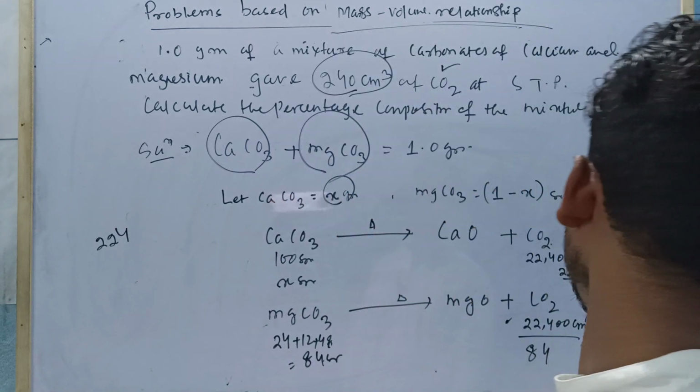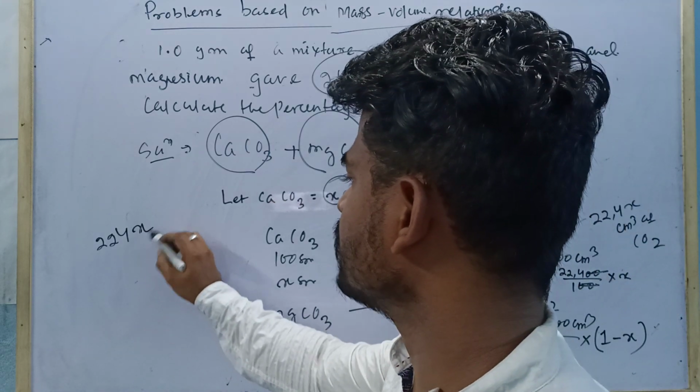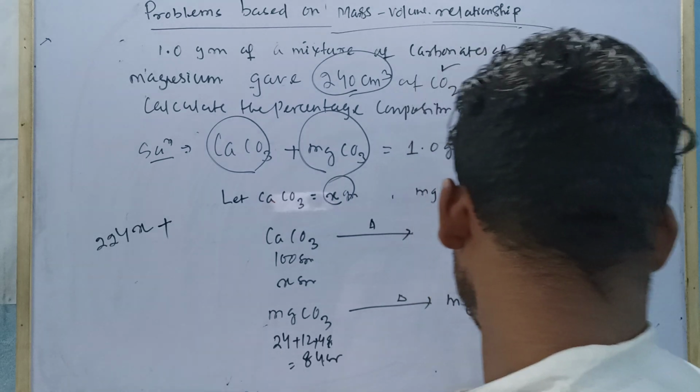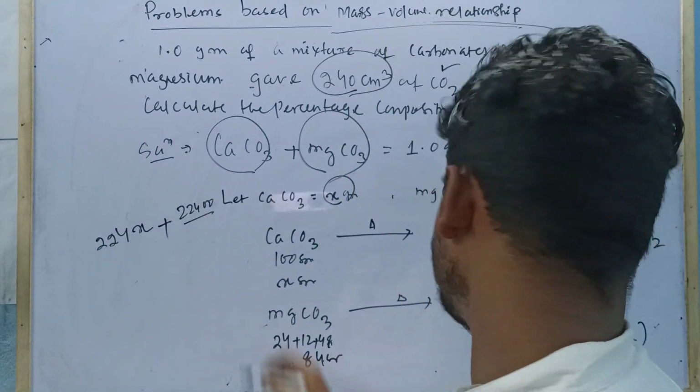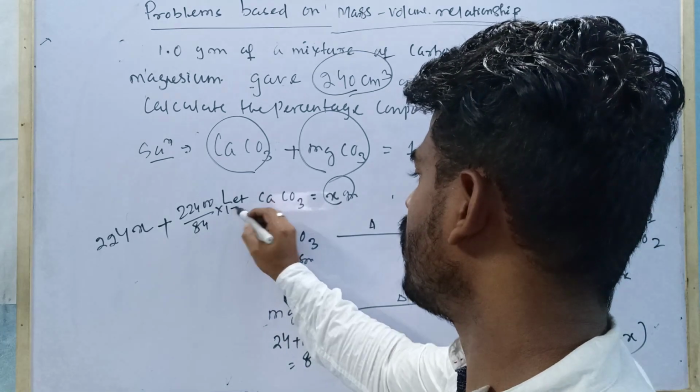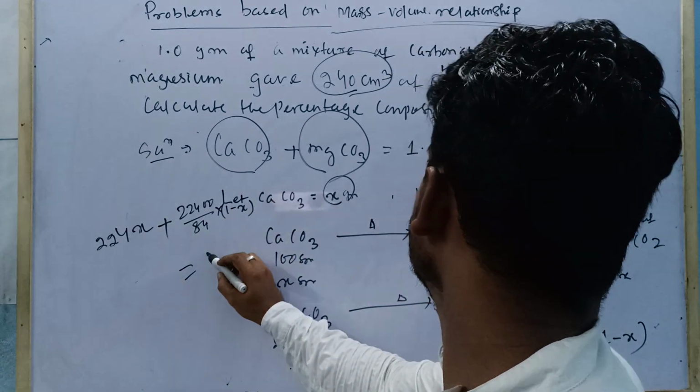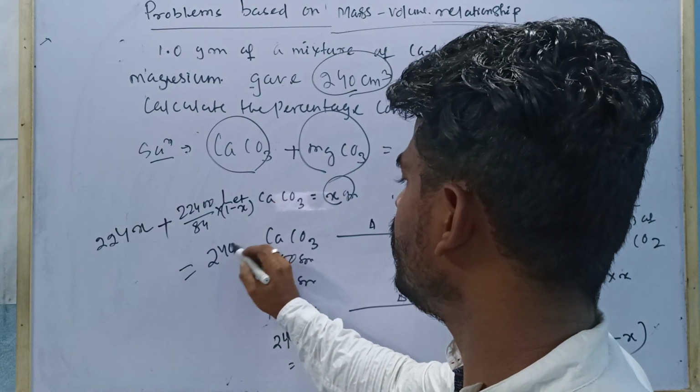Then you have to solve this equation: 224x plus 22400 divided by 84 into 1 minus x, total is equal to 240 cm³.